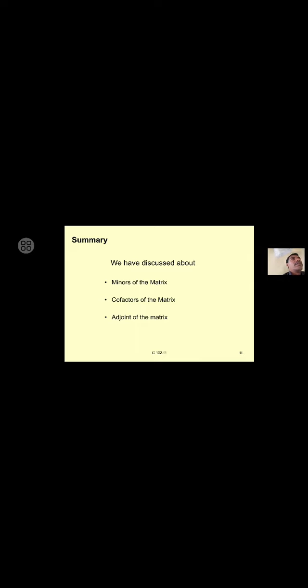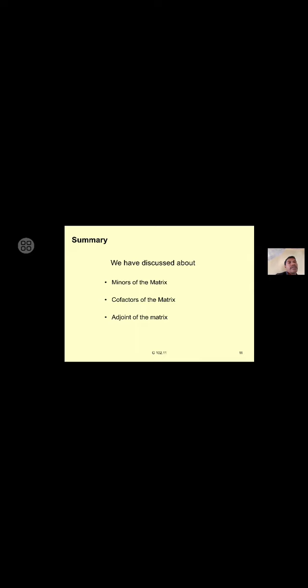So in the matrix, if we have 9 elements for 3 by 3, we get 9 cofactors. And adjoint of the matrix: if we know the cofactors of each element, we put them in matrix form, and the transpose of the cofactor matrix is the adjoint of the matrix.